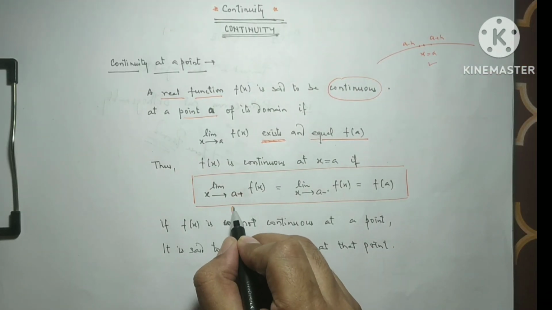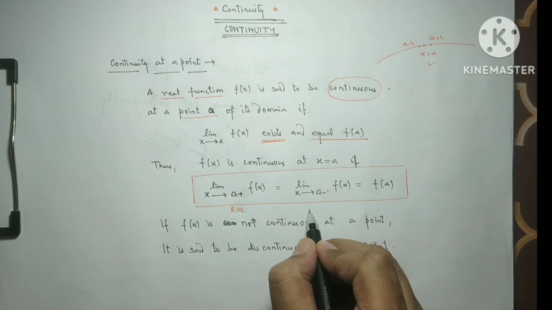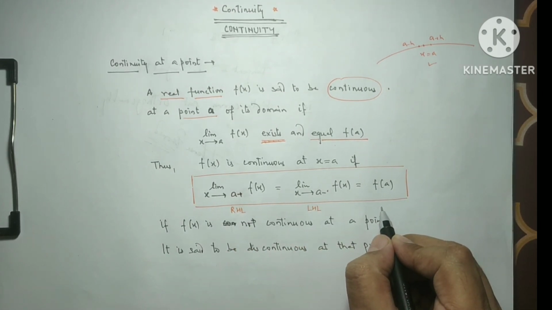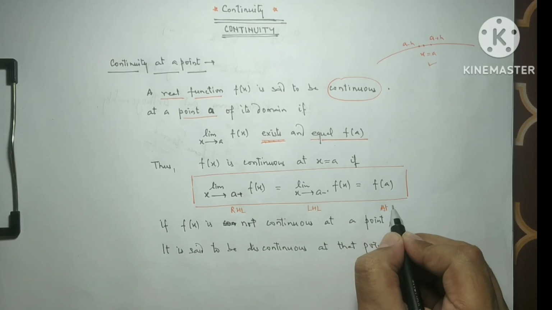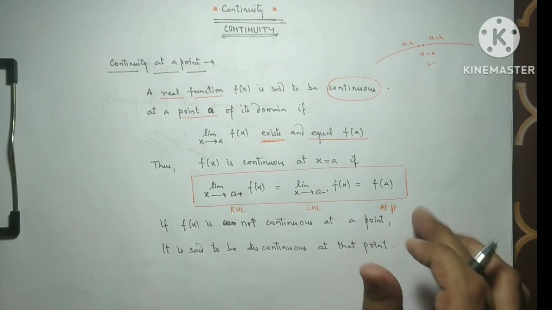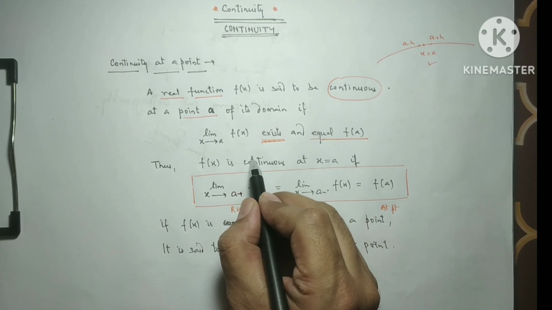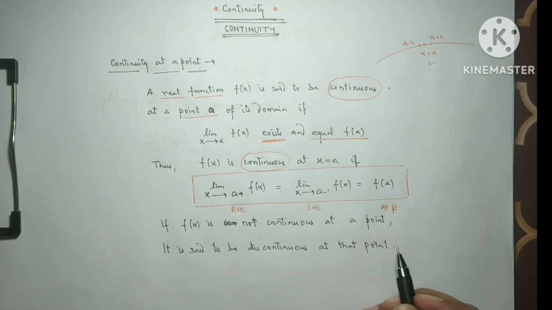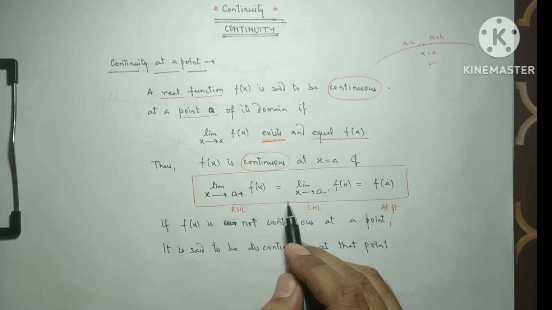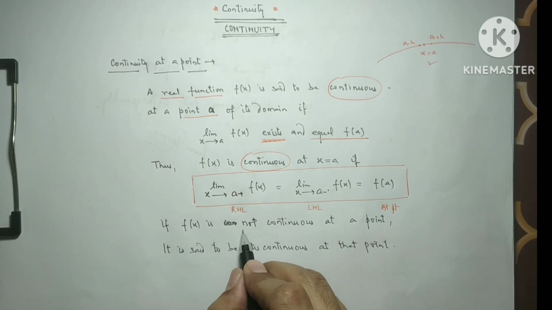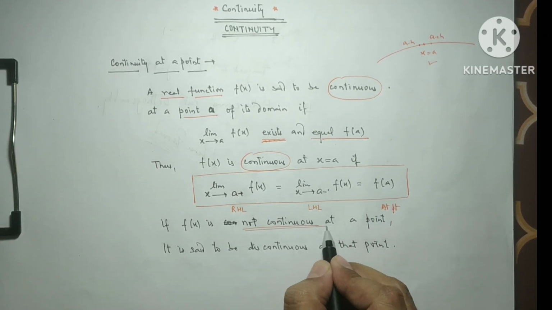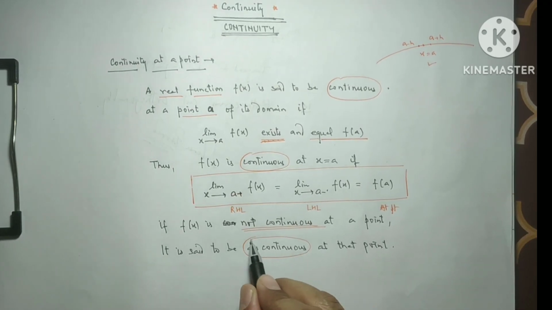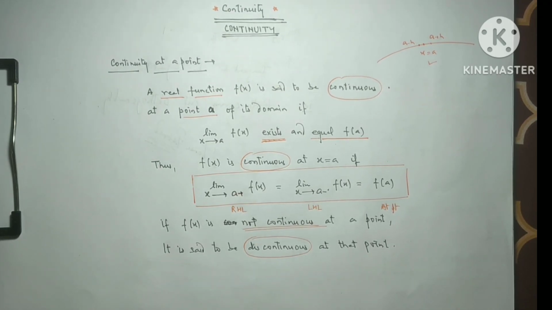So if the right hand limit, the left hand limit, and the value at the point are all equal, then we can say this function will be continuous. If it is not so, if any value is not equal, then this function is not continuous, or you can say it is discontinuous at the given point, right?